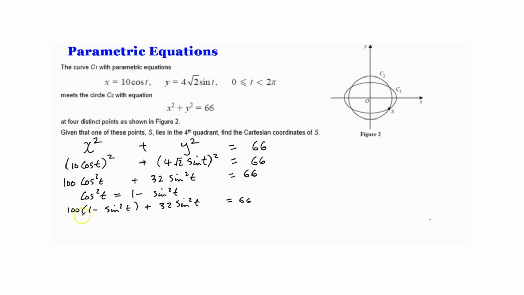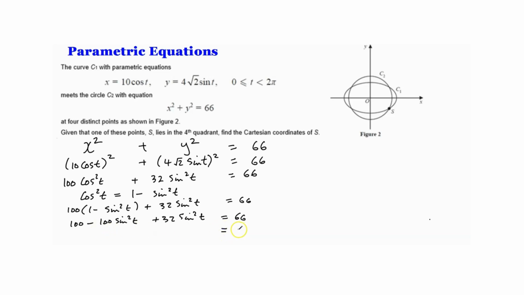Let us multiply 100 throughout this bracket. So we have then 100 minus 100 sine squared t plus 32 sine squared t equals 66. So what we need to do is to get the t terms on one side, and then we can solve for t. So let us subtract 100 from both sides.